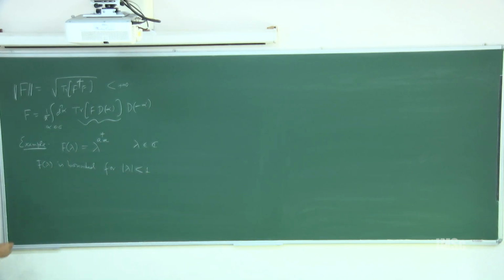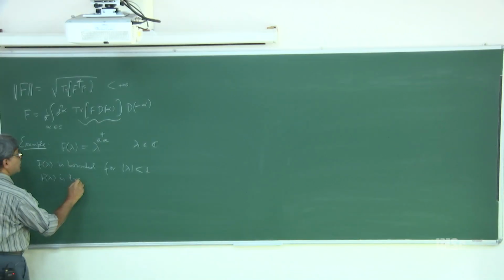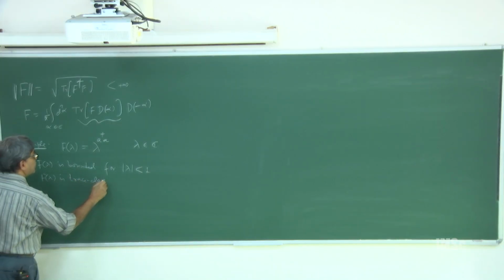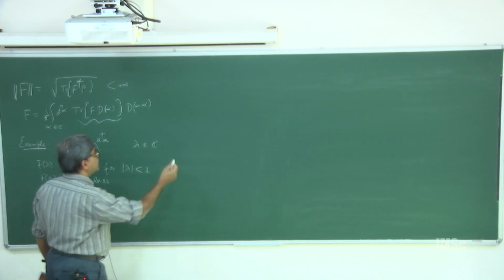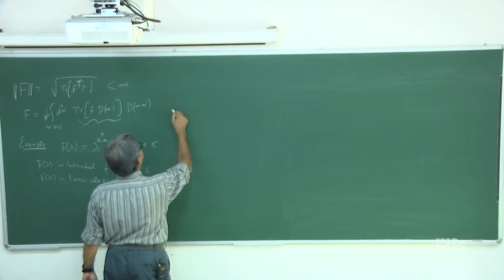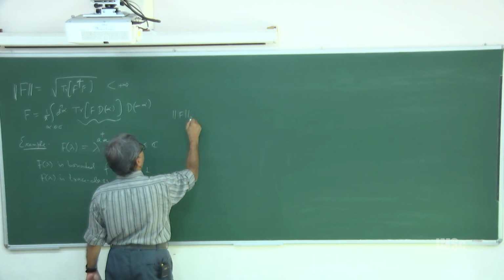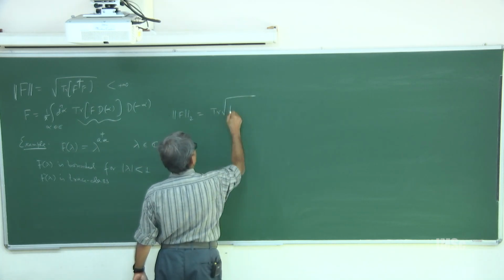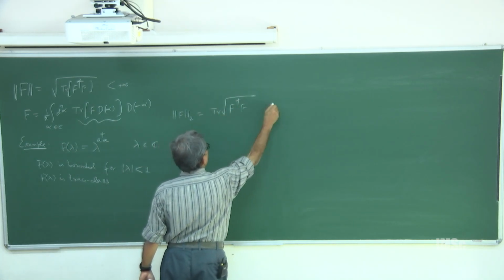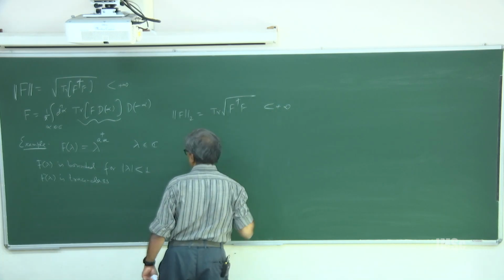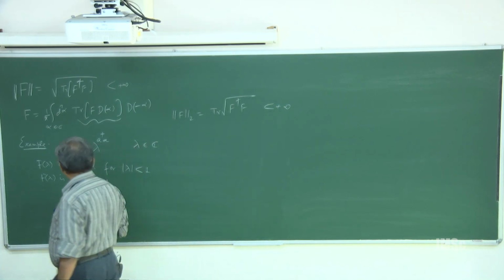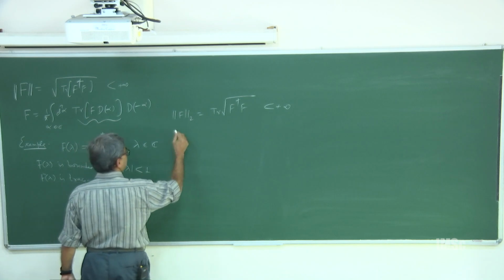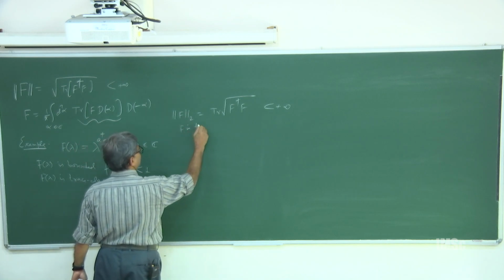Similarly, f lambda is trace class. Trace class means that the trace of square root of f dagger f is finite. So, f is trace class.